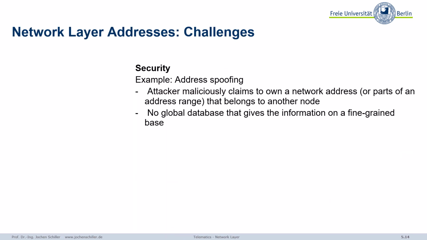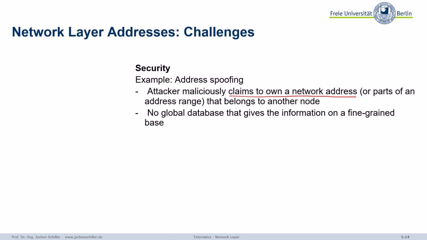Well, addresses, security. What happens about address spoofing? So if someone claims to own a certain address, we'll see this works in many different ways. So this works inside a local area network. We see how someone can do this, but also on a global interdomain level.